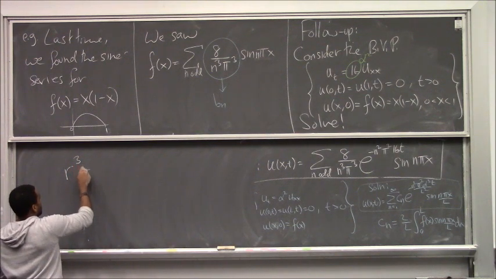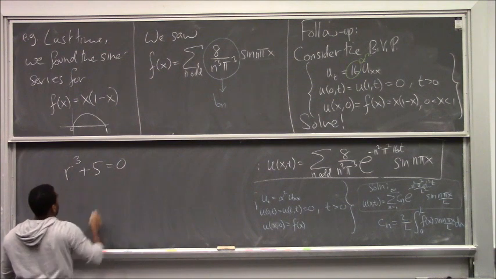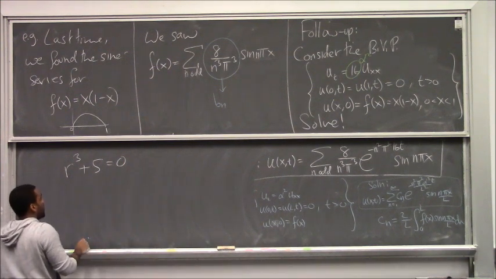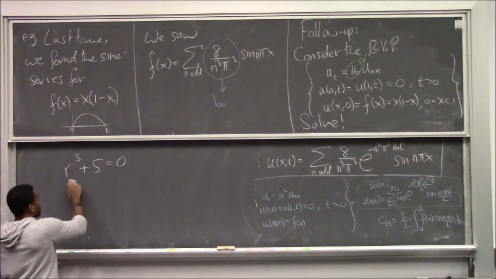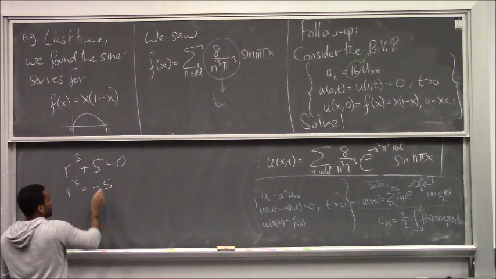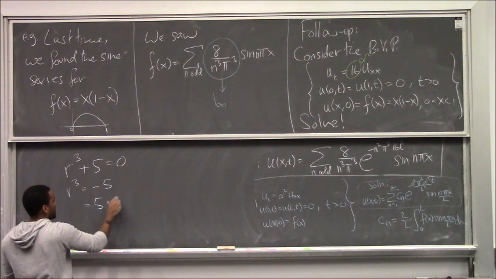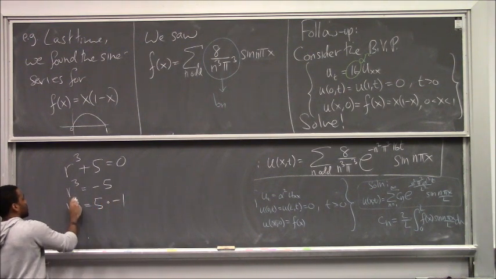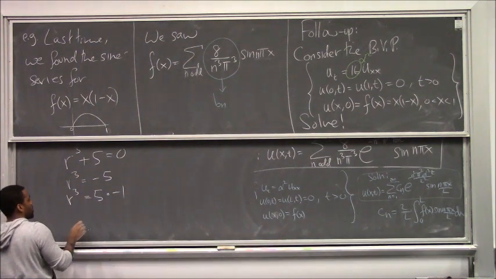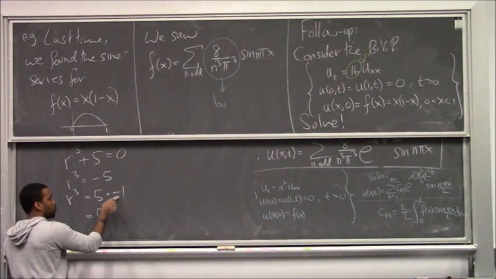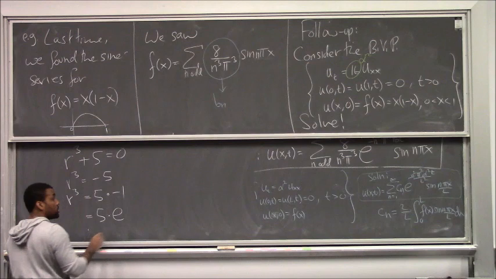Well, if you move that to the other side, you get minus 5. What you would do is think of this as 5 times minus 1. The minus 1 is what you're going to rewrite in the exponentials.